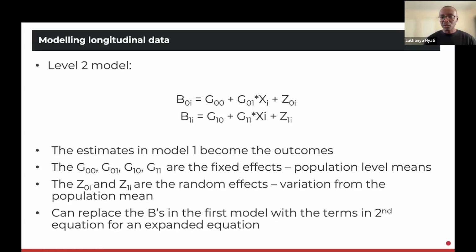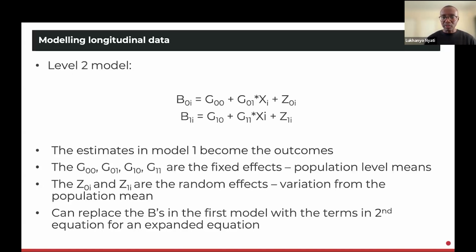Some individuals will have faster growth in comparison to the mean curve, while some will have slower growth. Some individuals may start off higher than the average intercept or the population mean, and some may start off lower. So these mixed effects models take that into account.